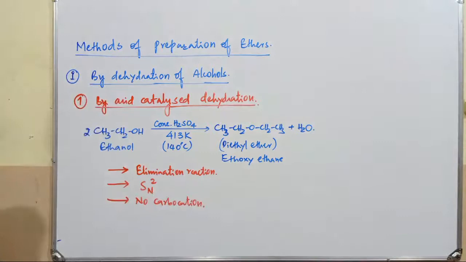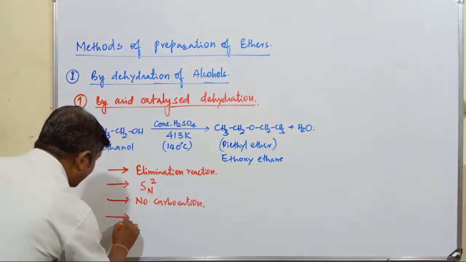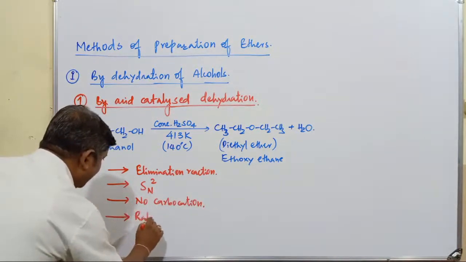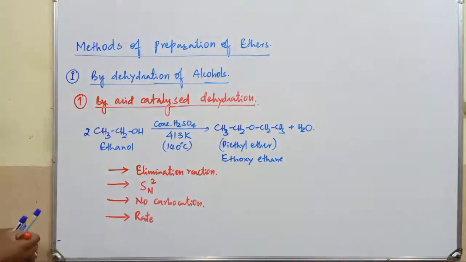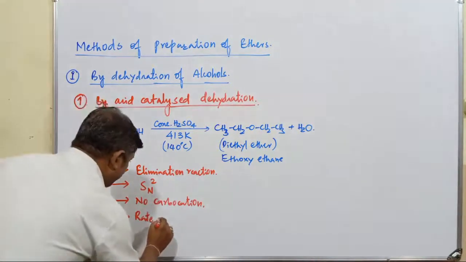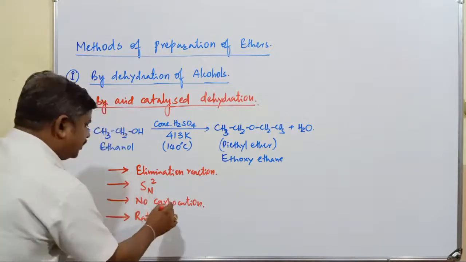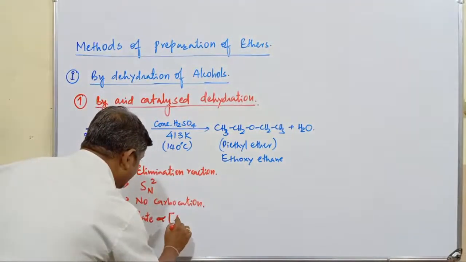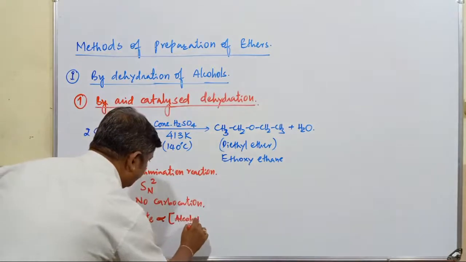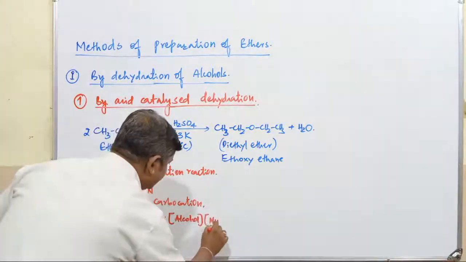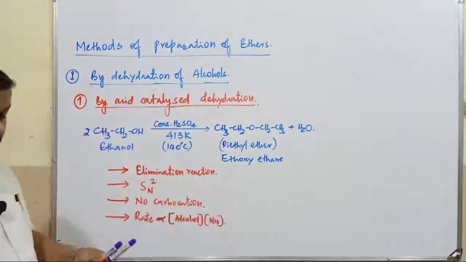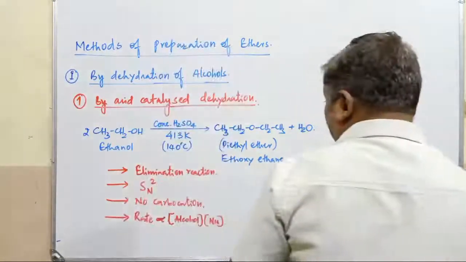Carbocation formation does not take place here. Then rate of the reaction is directly proportional to the concentration of alcohol as well as the concentration of nucleophile. It is following an E2 reaction.